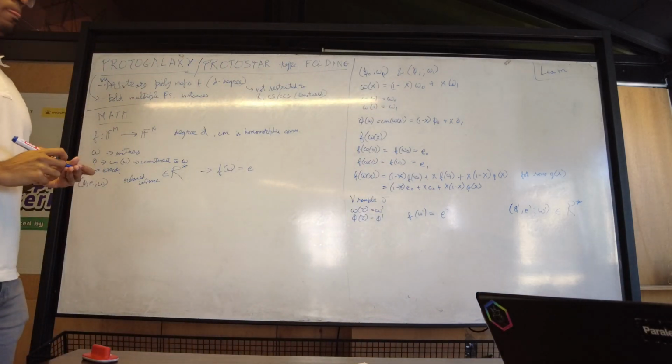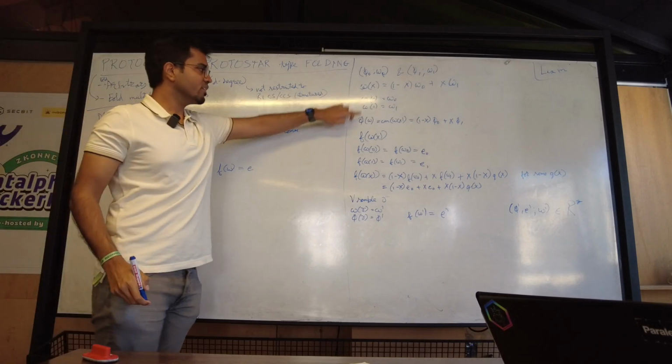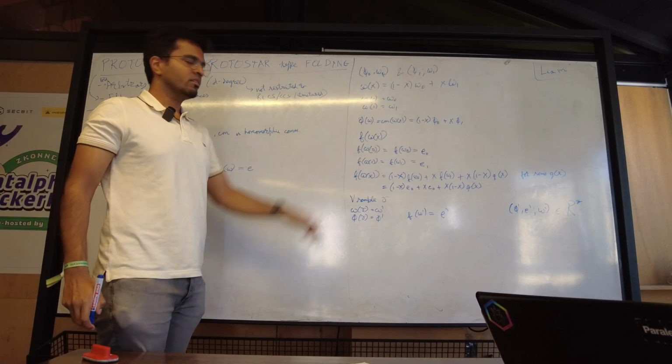So what you're doing now is folding the witness, folding the commitment, and folding E.